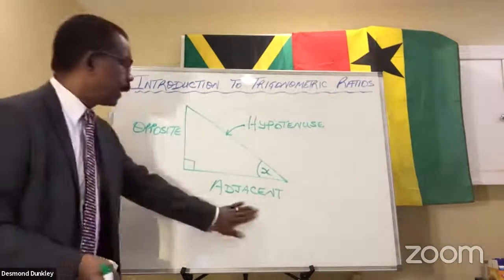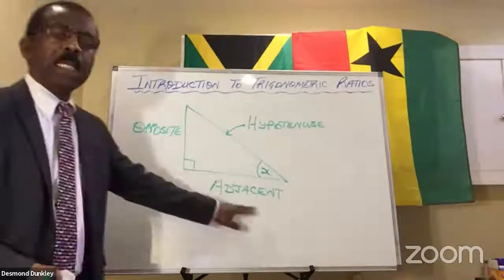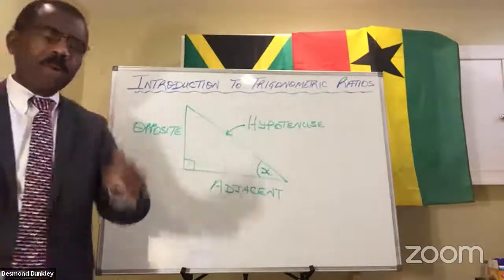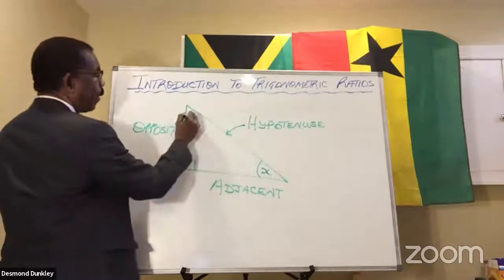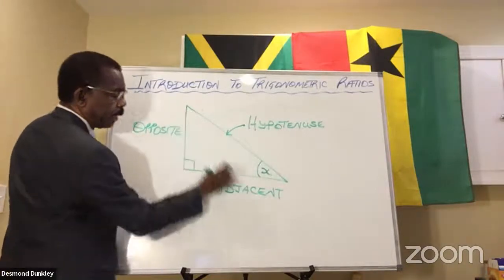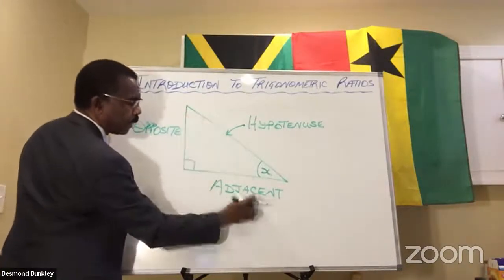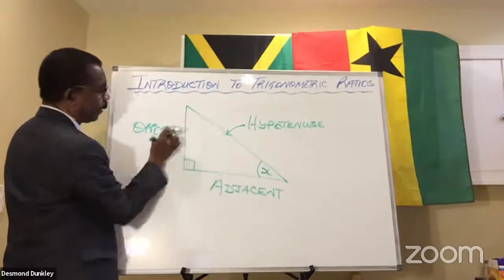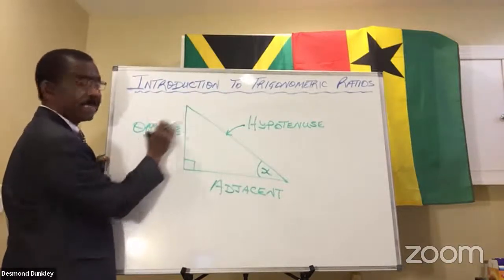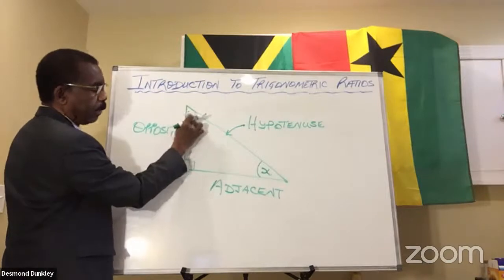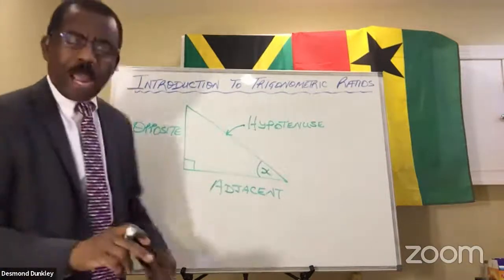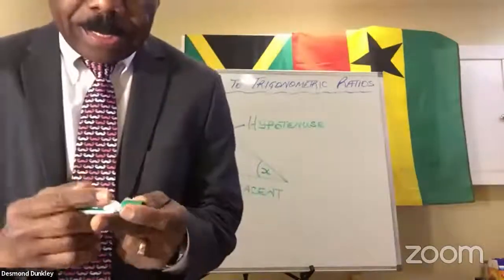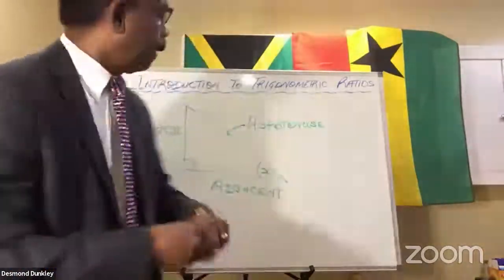So this is the adjacent, this is the opposite. These names are dependent on which angle you're dealing with, because if you're dealing with angle Y, then this would be opposite. And this would be adjacent, because this is beside your angle, but this is across from your angle, opposite.